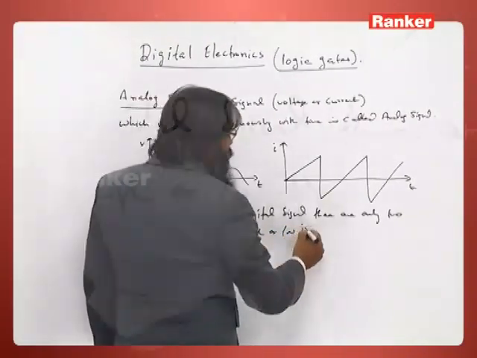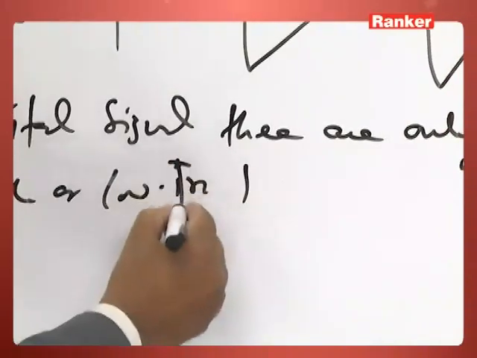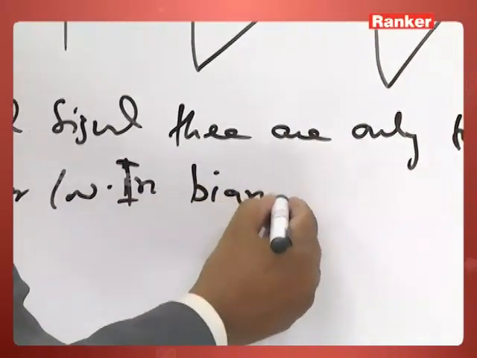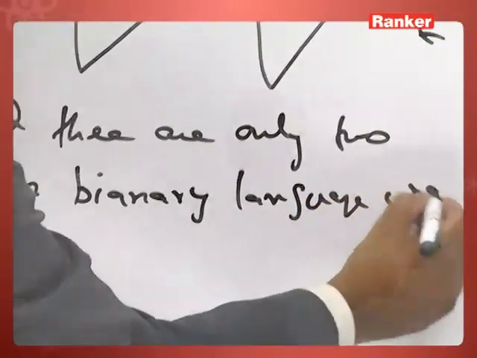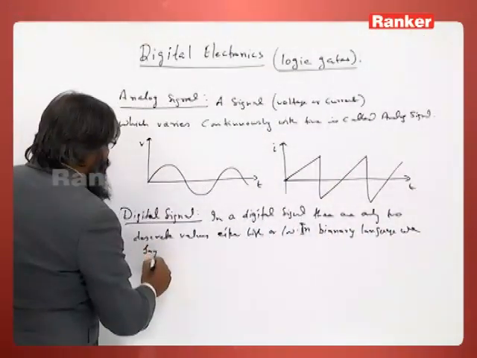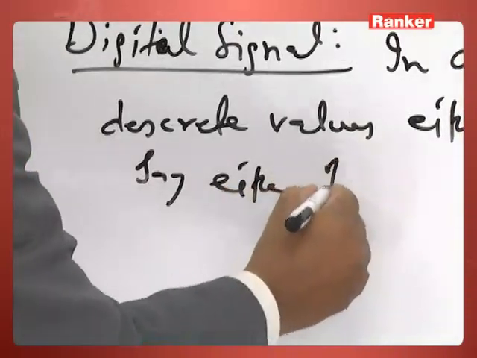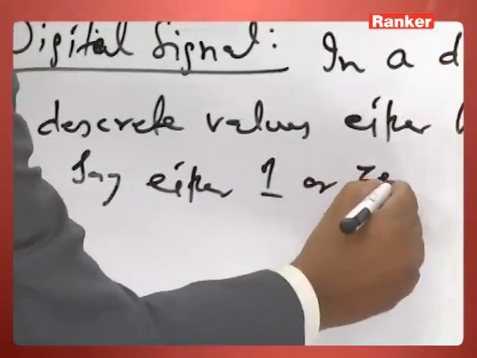In binary language, we say either 1 or 0.